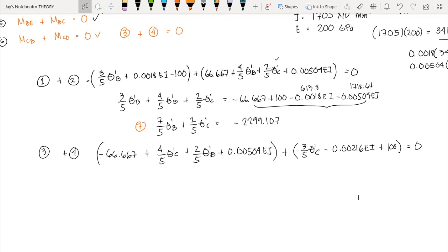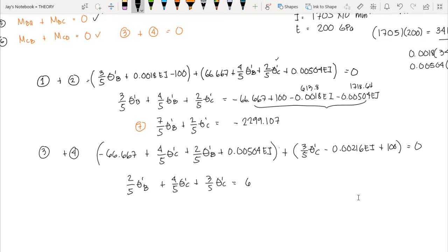So we can further simplify this. We have 2/5 theta prime B plus 4/5 theta prime C plus 3/5 theta prime C equals to, now let's move all the constants to the right side of the equation.